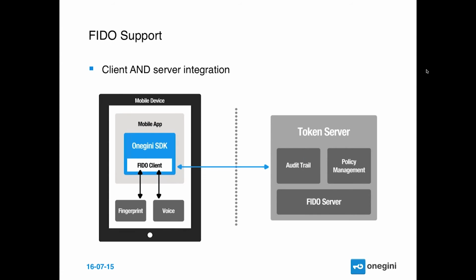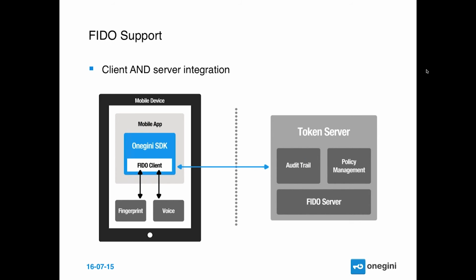And already the last slide, FIDO support is also very interesting in terms of authenticators. Basically FIDO makes kind of an abstraction layer. They define a protocol to be able to easily interact with a range of authenticators.